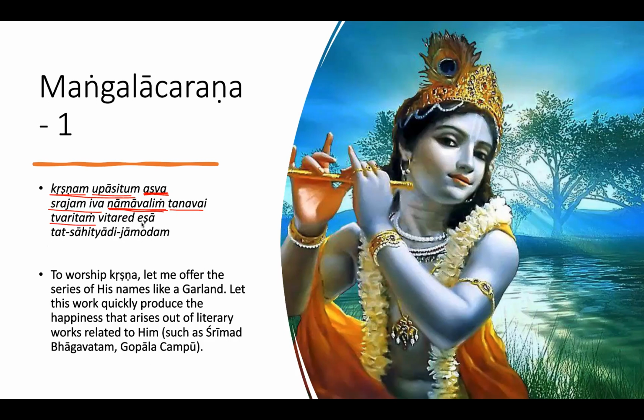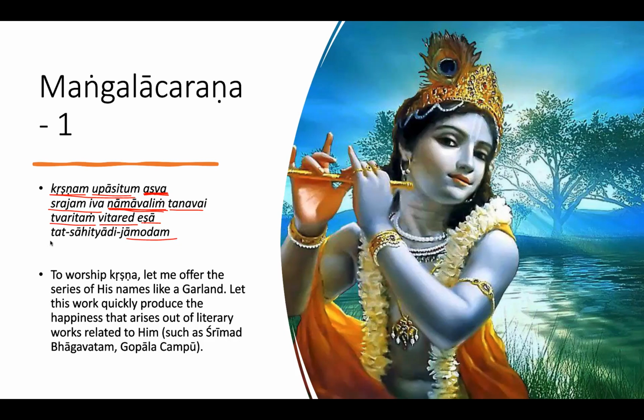Quickly, this esha, this work, let it bestow on you. What should it bestow? It should bestow the amodam, the bliss. So quickly let this work bestow on you the bliss.